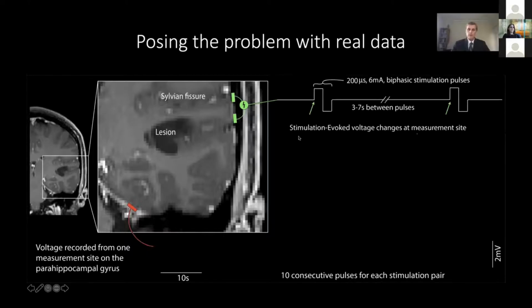Now, we used the following paradigm. Electrical currents were delivered in a biphasic way so as to preserve total charge delivered, and we allowed approximately 3 to 7 seconds between each pulse. We then recorded the responses to about 10 stimulations in a row at this site that you see here in red.